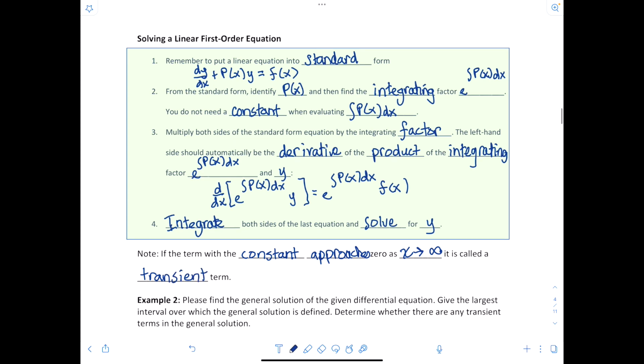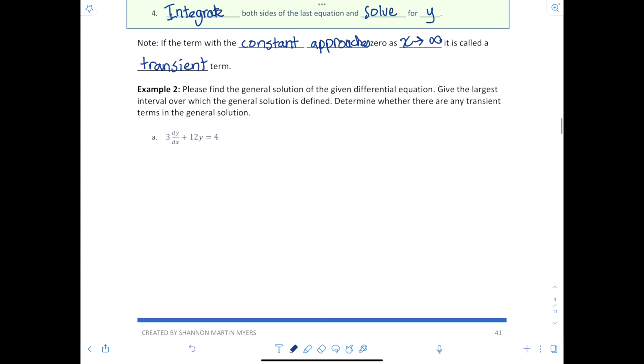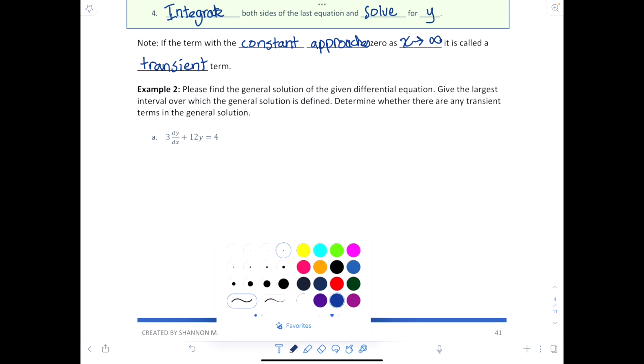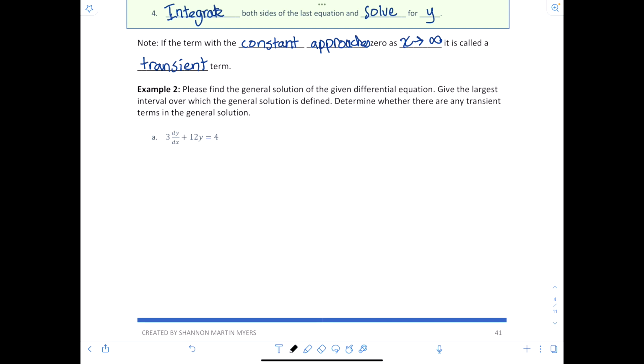All right, let's do an example. Check it out. Please find the general form of the given differential equation. Give the largest interval over which the general solution is defined. Determine whether there are any transient terms in the general solution. So let's write down what we know and go from there.